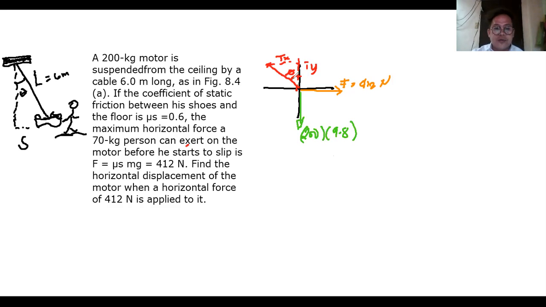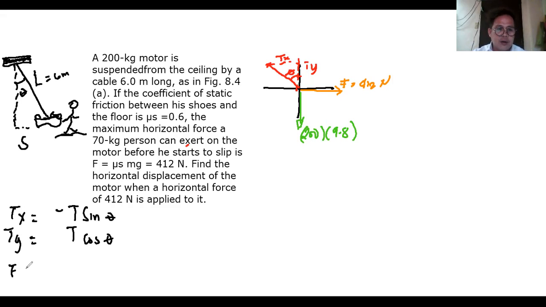So first, let's solve for your tension X. Your tension X here is equal to negative tension sine theta. We use sine because you can see the angle is right over here, facing the angle, so it's opposite. Next, we have the tension Y, which will be tension cosine theta.